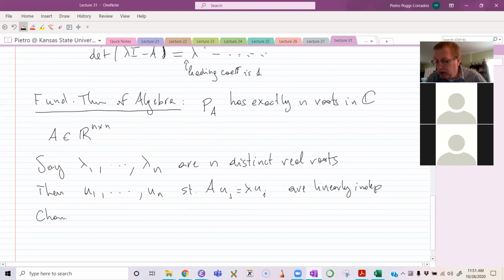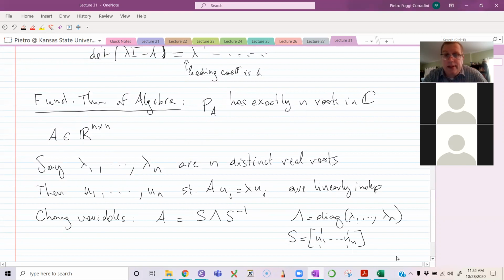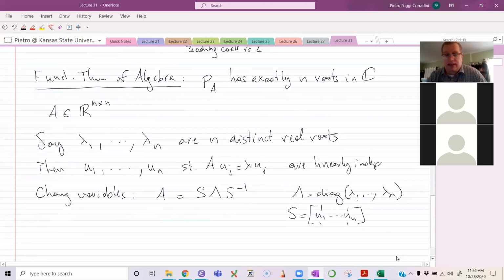So change variables, and you can write S inverse A S is lambda, diagonal. And S contains the basis vectors, the eigenvectors. Right, so in this case, we say that A is diagonalizable.